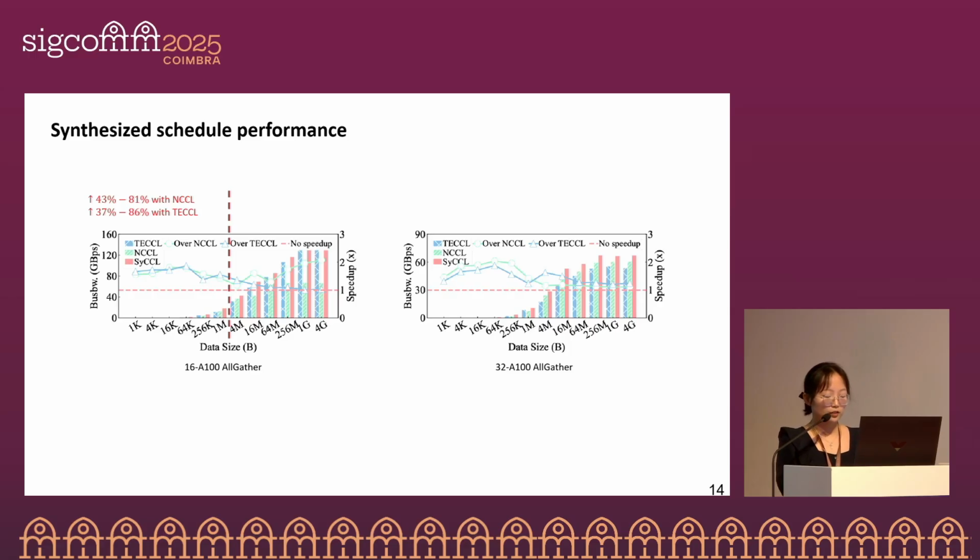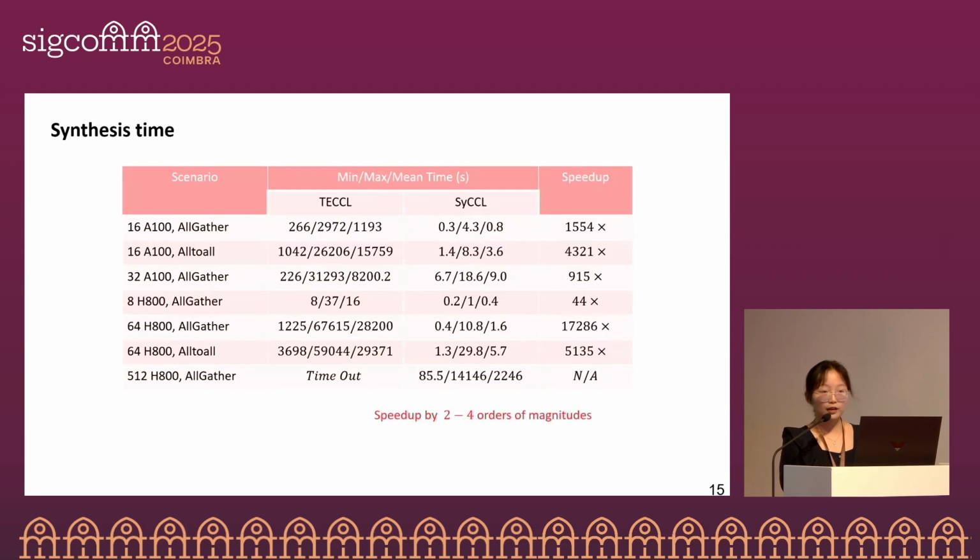On our A100 testbed, for 16-GPU all-gather performance at smaller data sizes, SyCCL outperformed NCCL by up to 80% and had similar gains over TACCL. For larger data sizes, the improvements are smaller but still clear. As for synthesis time, SyCCL is 2 to 4 orders of magnitude faster than TACCL.